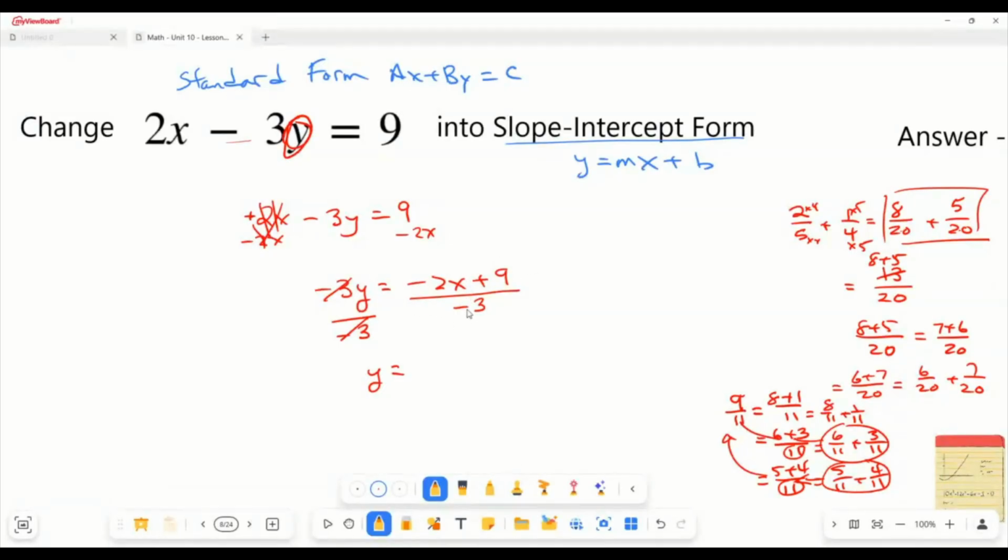So this is also negative 2x over negative 3 plus 9 over negative 3. If I gave you negative 2x over negative 3 plus 9 over negative 3, we have a common denominator, so my denominator is negative 3, and we add the stuff together on the top.